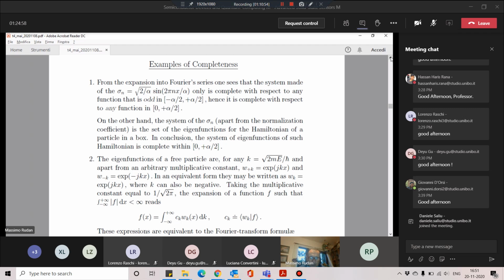That is, these sets of functions are complete in the same sense that we analyzed for the Fourier expansion. And also, all elements of these sets of functions are mutually orthogonal. They are orthogonal with the other functions and can be normalized to 1.